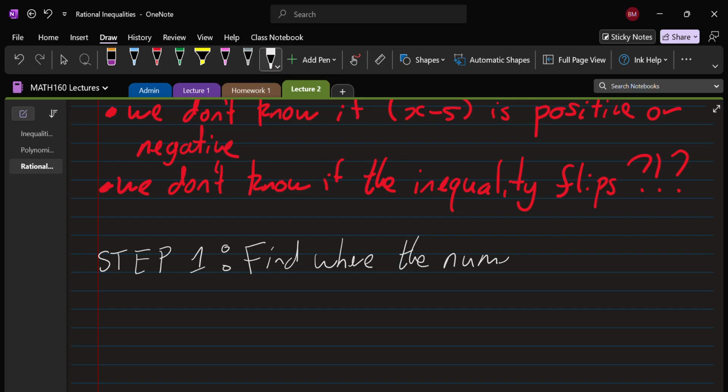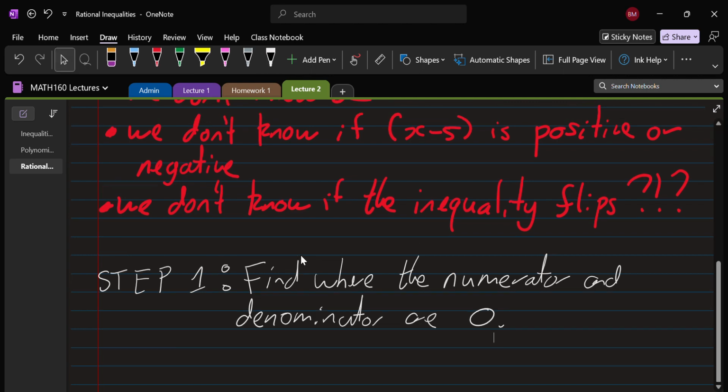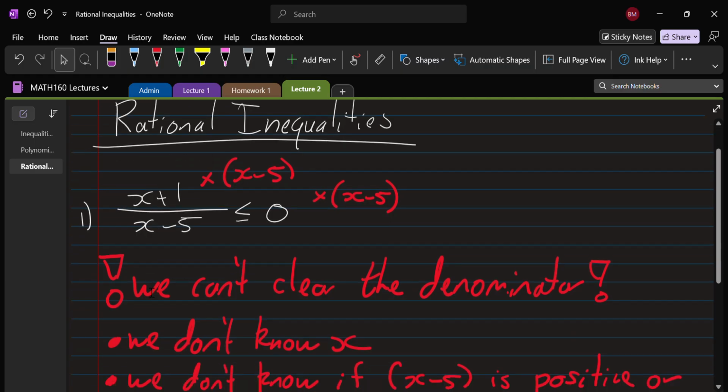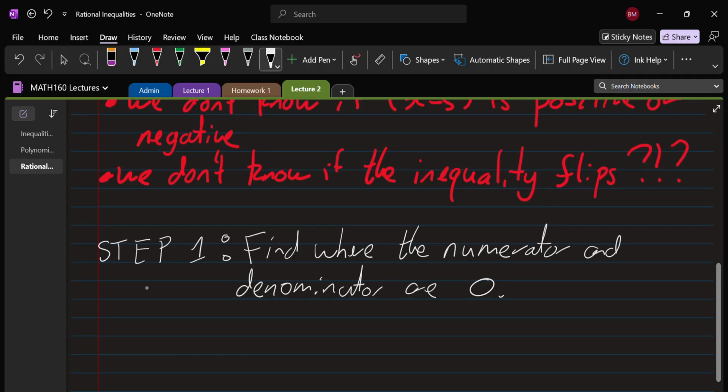Find where the numerator and denominator are 0, just like how you would find the critical values. In this case, it's quite easy. For the numerator, it's going to be minus 1. For the denominator, it will be 5.